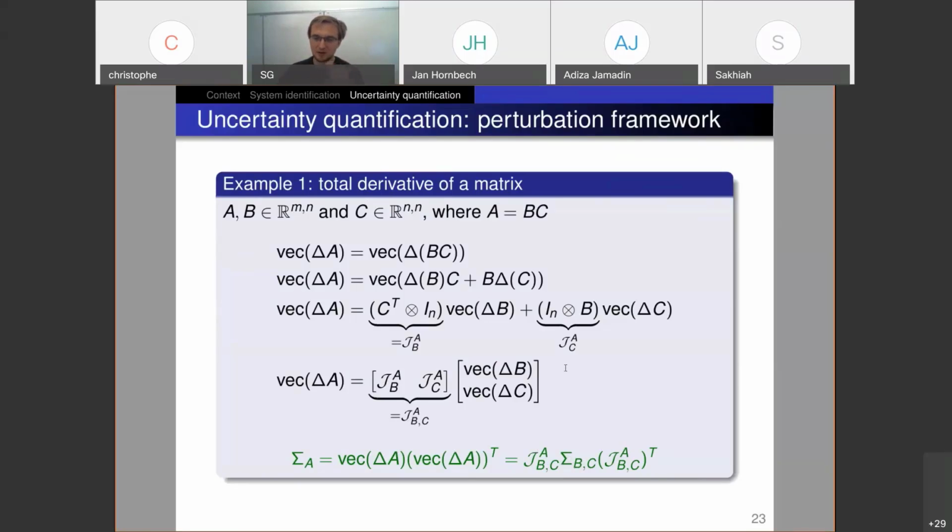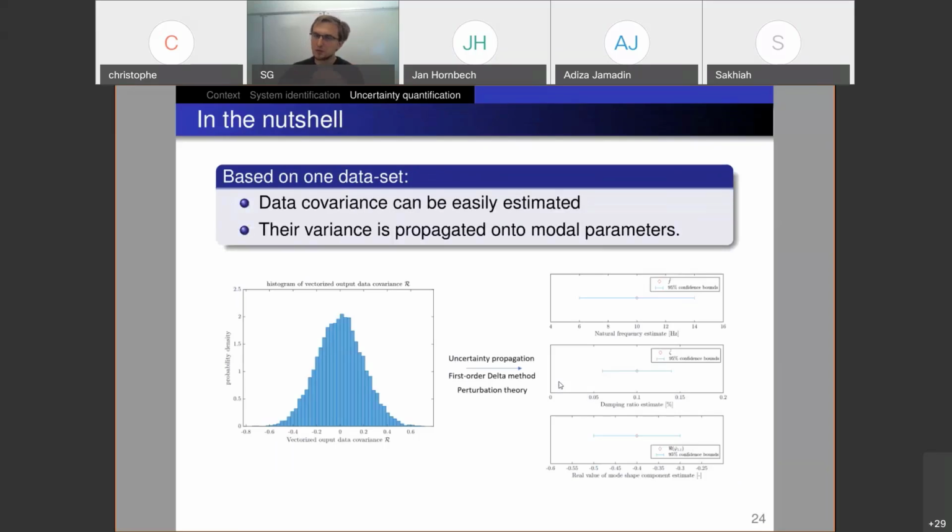This is quite straightforward to estimate, but can be exhaustive doing so for all the chain of the system identification. So in a nutshell, this framework allows us to propagate the covariance of the output data covariances, which is Gaussian, to the estimates of our model parameters directly in order to derive their confidence intervals and to infer about the statistical distribution function.